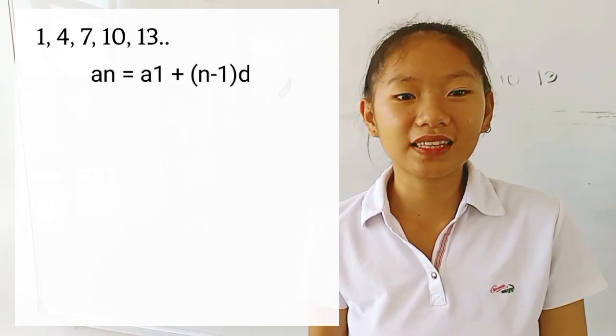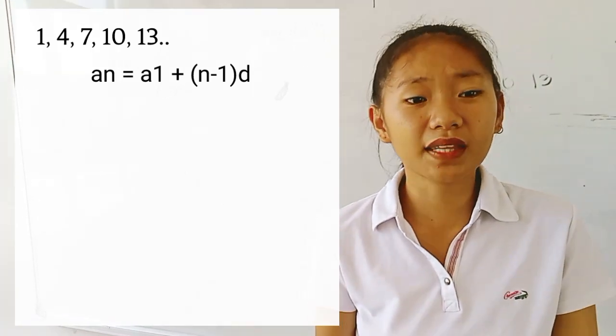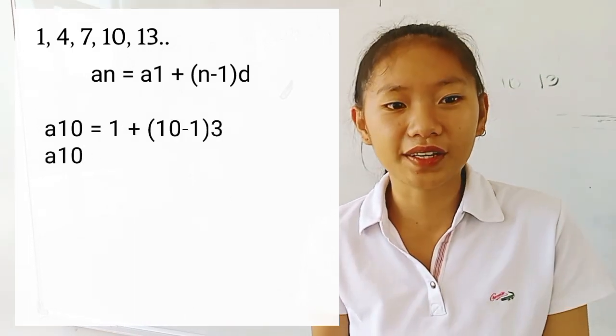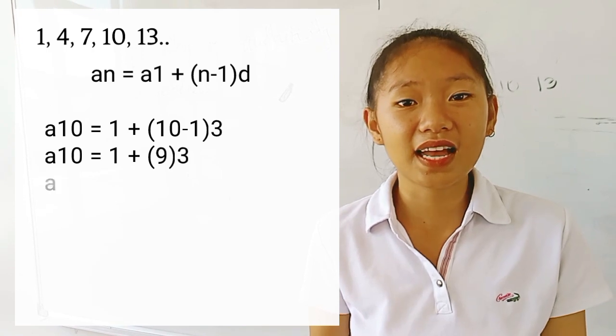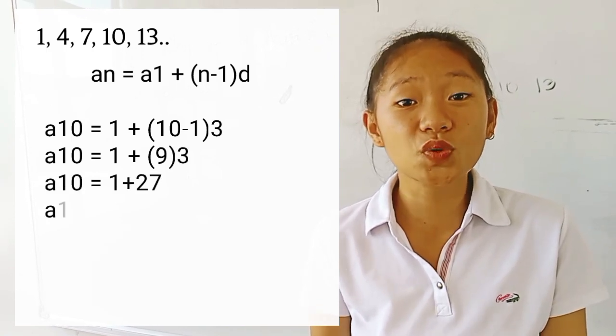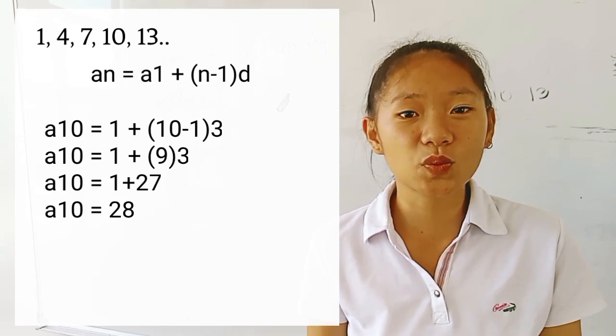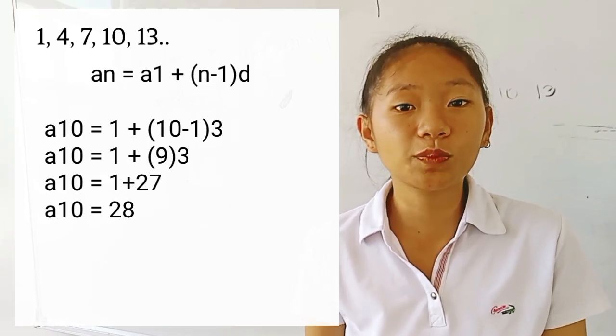So we get the 10th term. A sub 10 is equal to 1, which is a sub 1, plus the 10th term minus 1, close parenthesis, times 3, because that is our common difference.